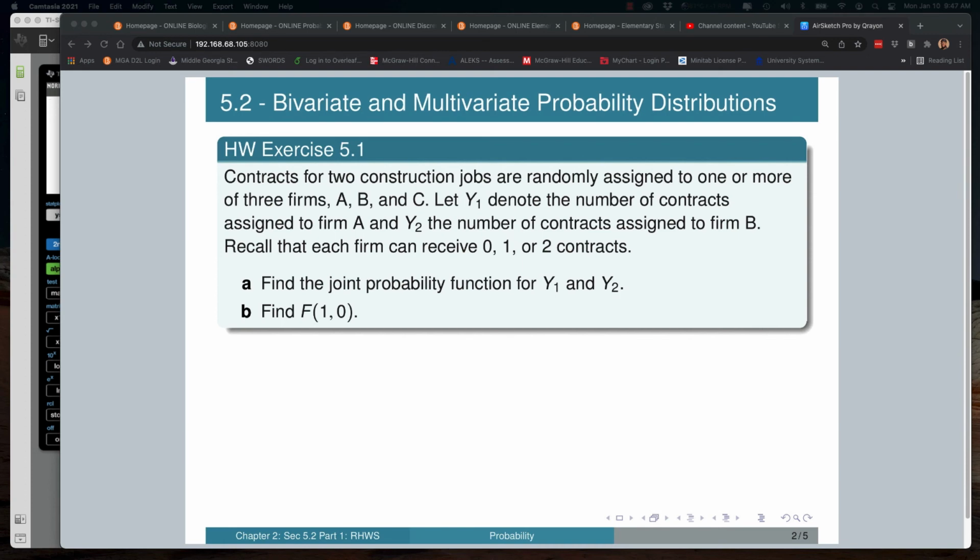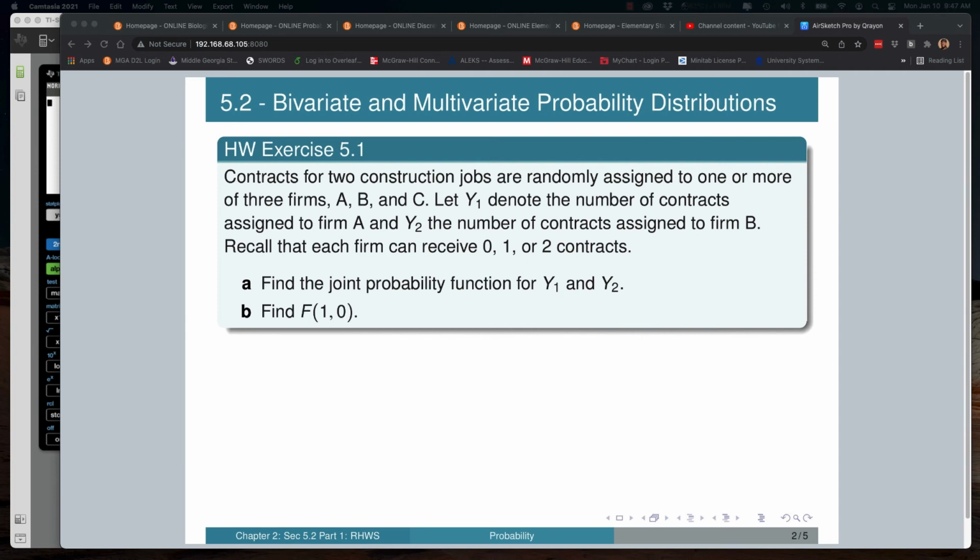Let Y sub 1 denote the number of contracts assigned to firm A, and the random variable Y sub 2 represent the number of contracts assigned to firm B. Recall that each firm can receive 0, 1, or 2 contracts. So it's telling us right off the bat what the range is for the possible values of random variables Y sub 1 and Y sub 2.